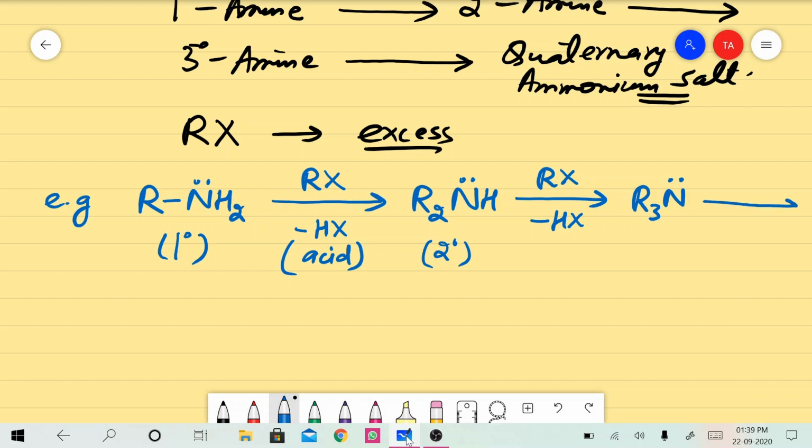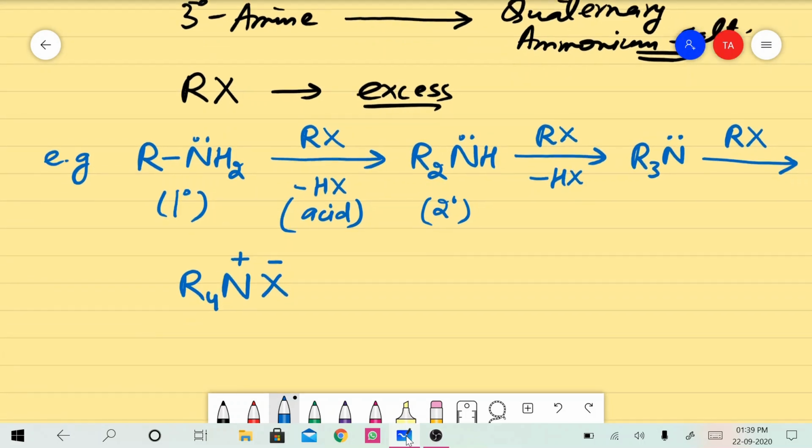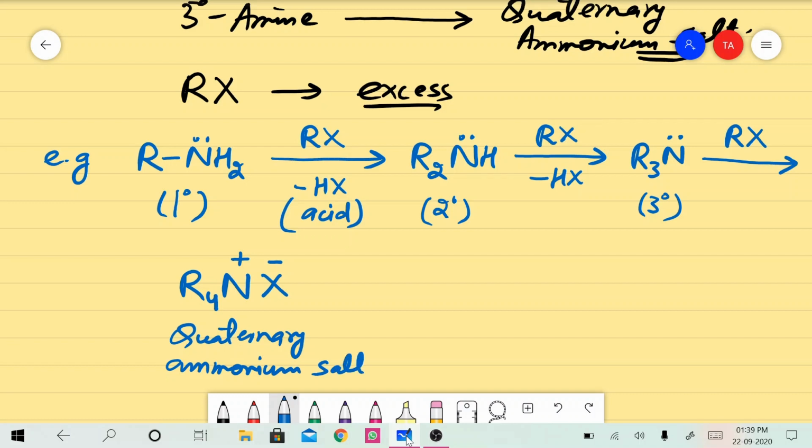Now this tertiary amine can react further with one more molecule of alkyl halide, and finally we get a quaternary salt whose formula can be written as R4N positive X negative, and this is a quaternary ammonium salt.